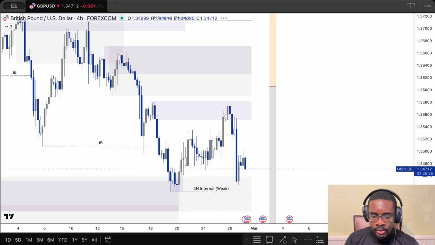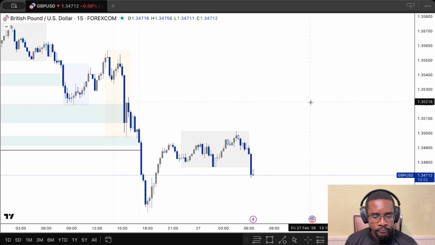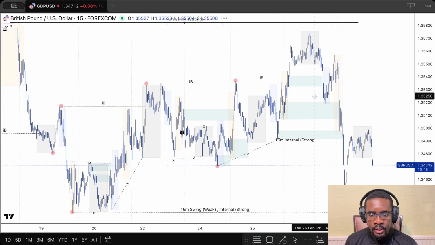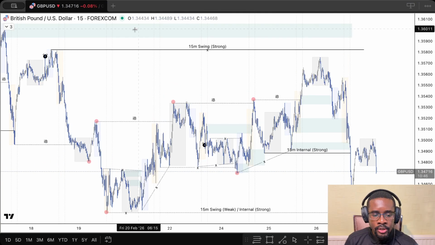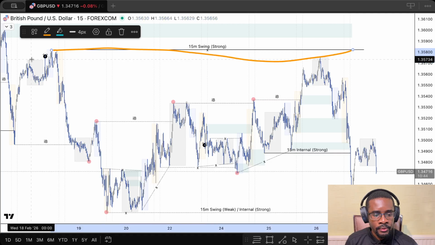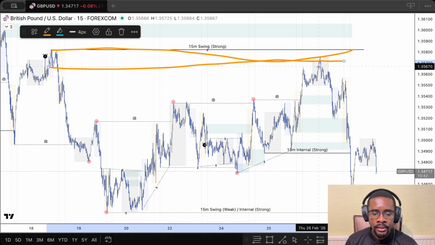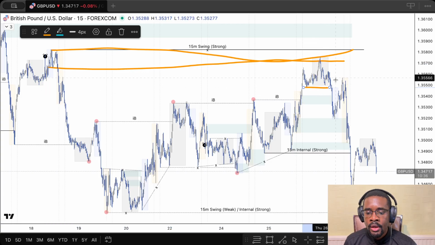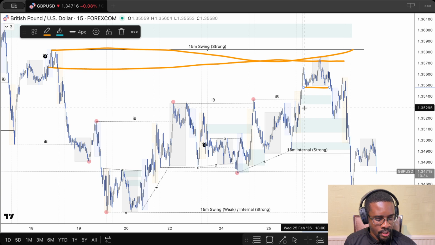Then let's jump straight into the 15-minute to see what we can expect and what happened yesterday. Yesterday I was looking at this area and I was expecting price to continue bullish after it sweeps this area within our key time window, which did not happen.